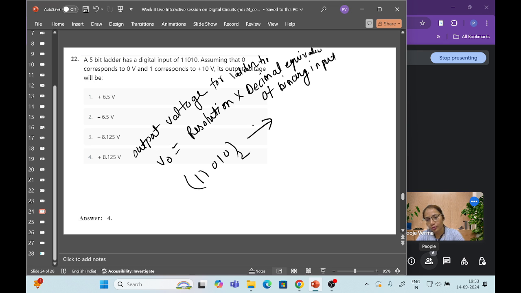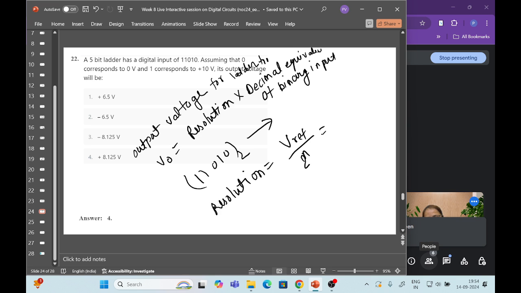Can anyone let me know the decimal equivalent of this binary? And resolution, we already know the formula, that is reference voltage divided by 2 to the power n. Here the full scale voltage is not given, that's why we take 2 to the power n only. If the full scale voltage is given, in the formula you will get 2 to the power n minus 1. The reference voltage corresponding to 1 is given, that is 10 volt. It is a 5 bit, so n is equal to 5.